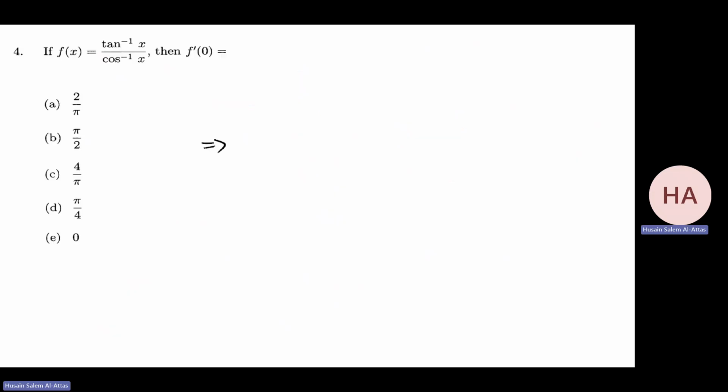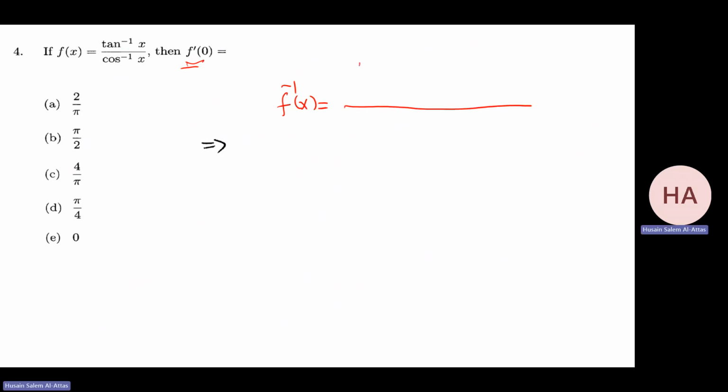That's it. f of x equals tan inverse of x over cosine inverse of x. Find f prime at 0. Okay. What will be f prime at x? We have the quotient rule. So I have, let me give it some space.